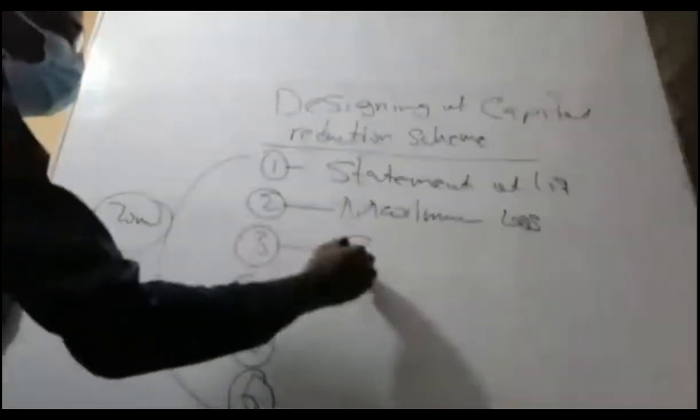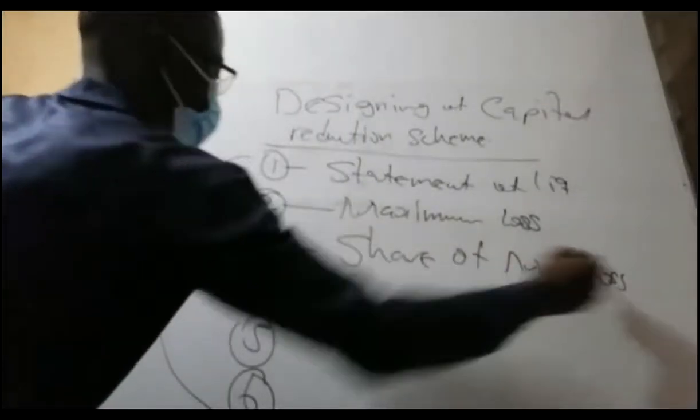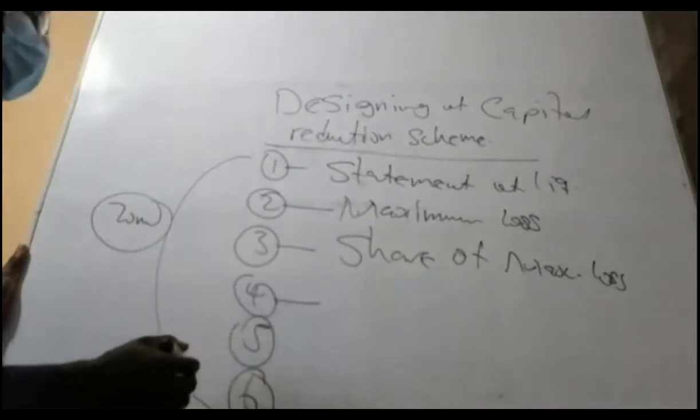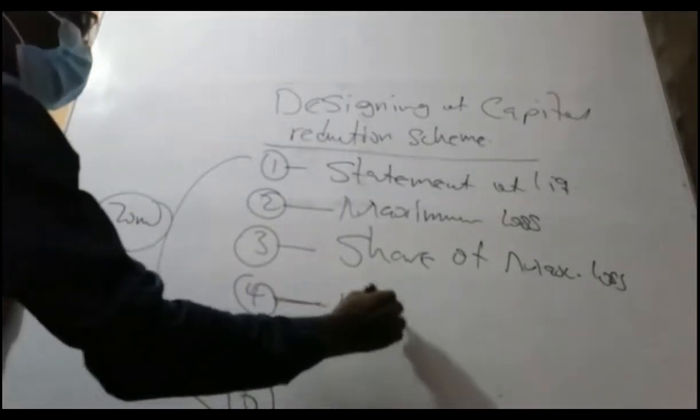And from there you share the maximum loss. So that's step 3, the share of maximum loss. Step 4, you do what you call the resource requirement.